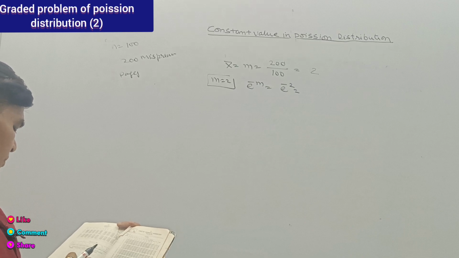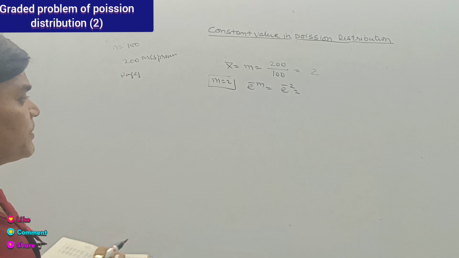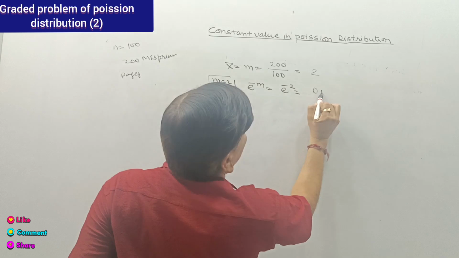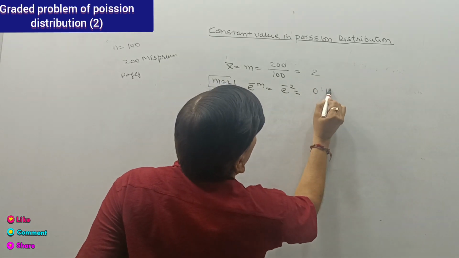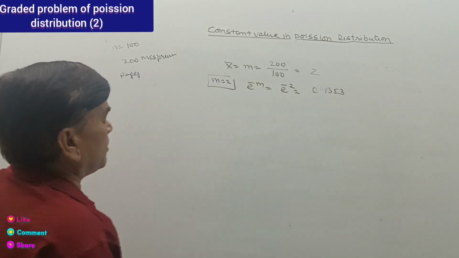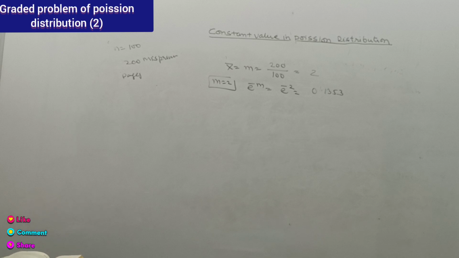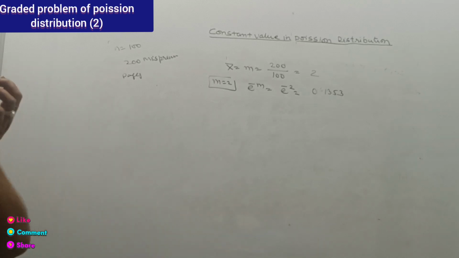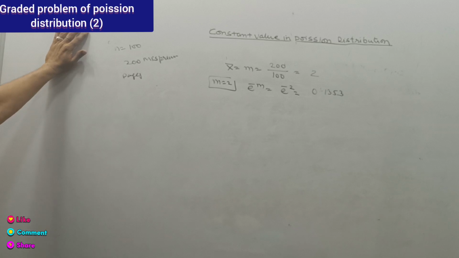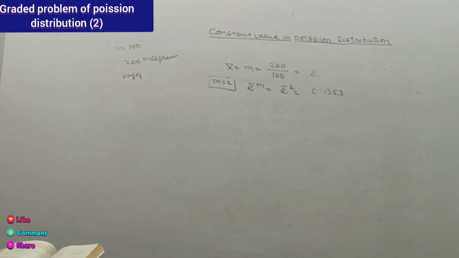That is 0.1353. Now we have to calculate the probability of observing a page having at least 2 misprints.